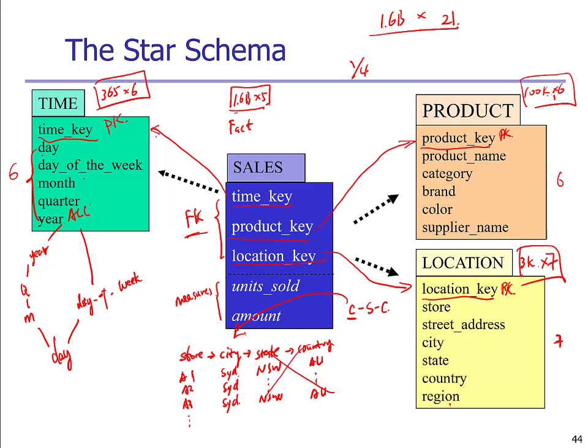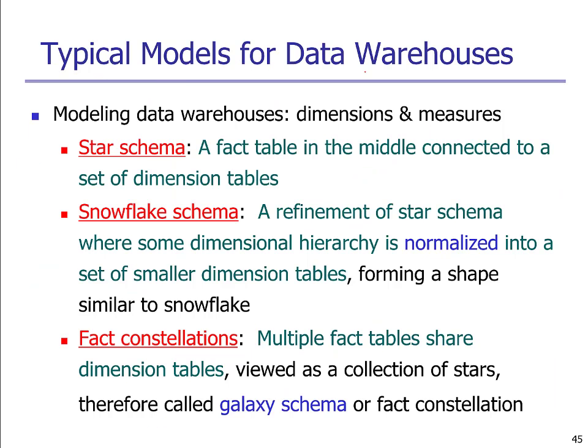Later, when we do operations like roll up, drill down, pivot, or slice on a particular dimension, we can do the operation on the specific dimension table. So we don't need to touch other tables. We only need to look at the corresponding dimension table and the fact table.